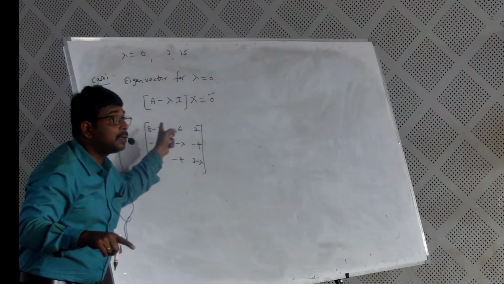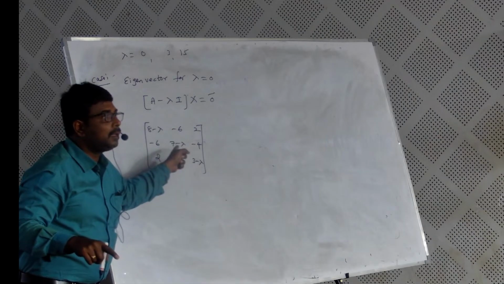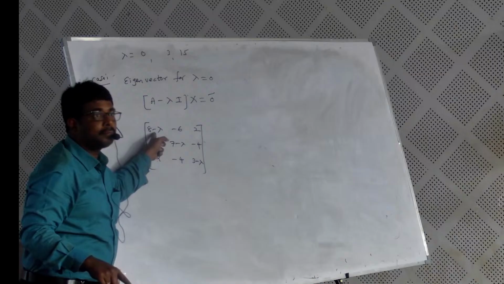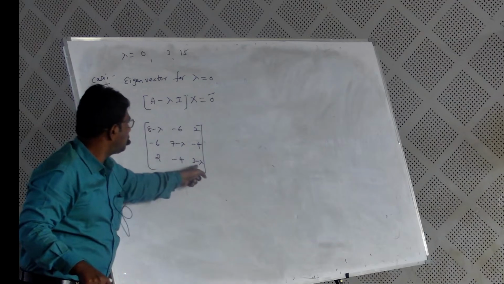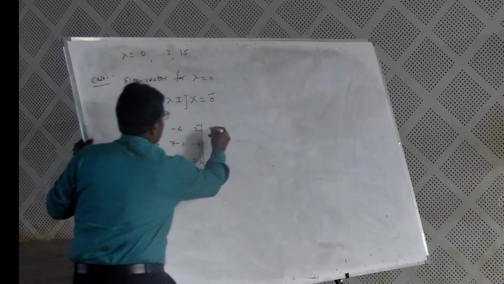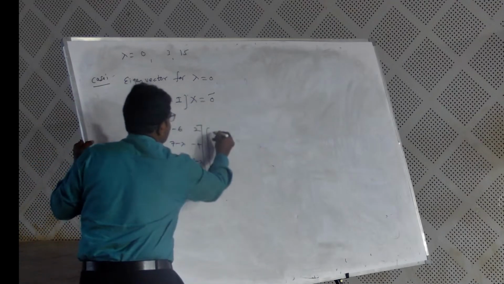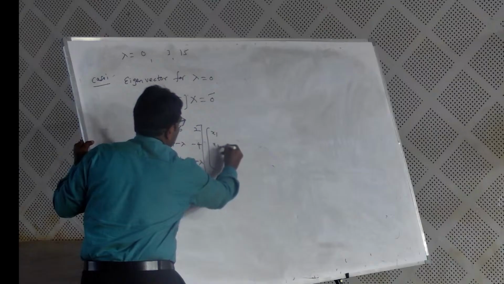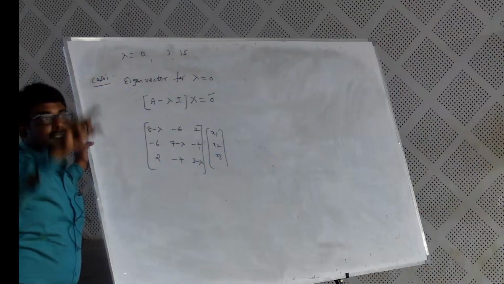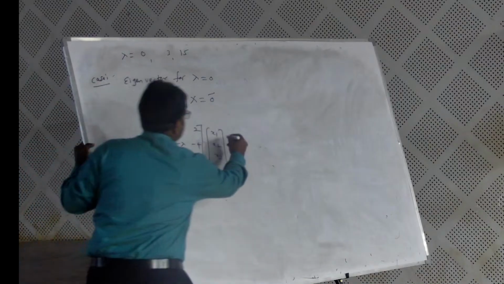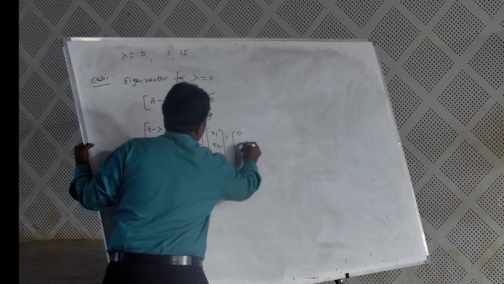Only in the diagonal. 8 becomes, 7 becomes, 3 becomes. Let us say x is x1, x2, x3. This is the vector. Here x is the eigenvector. And 0 bar. What is 0 bar?